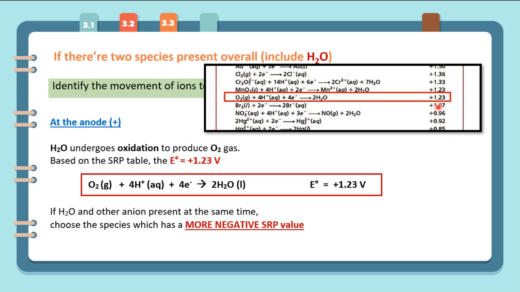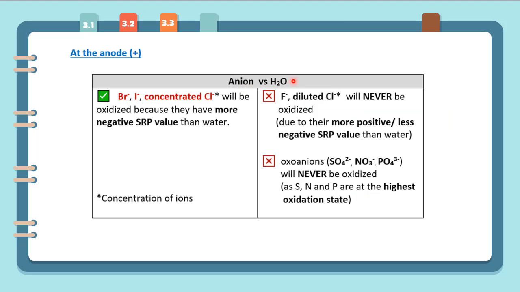This is an example for you, comparing between anion and water. If you are comparing bromine with water, iodine with water, concentrated chloride ion with water, these species will be selected. So put a tick over here. They will be oxidized because they have a more negative SRP value than water.